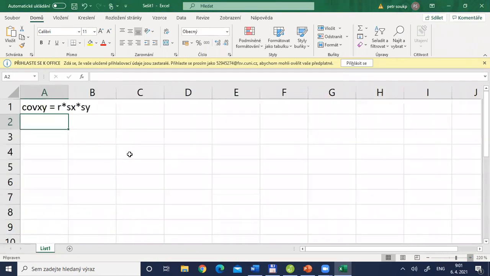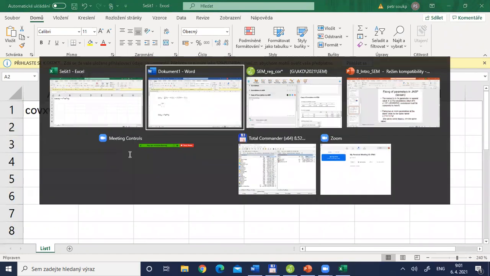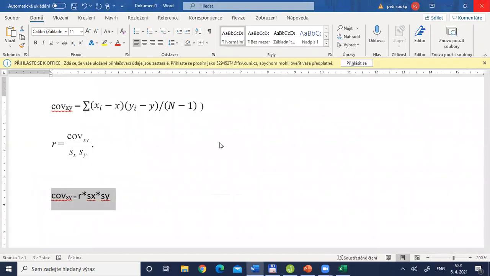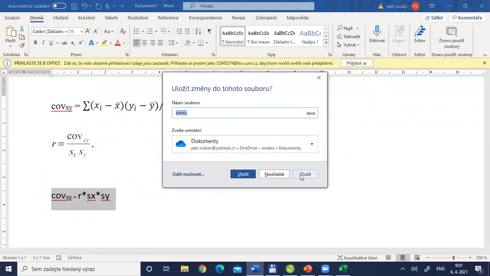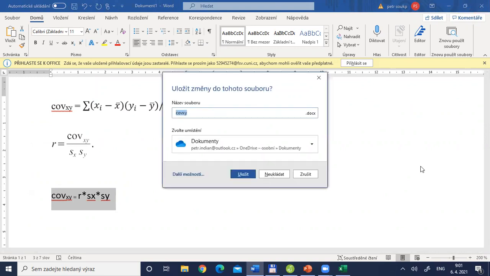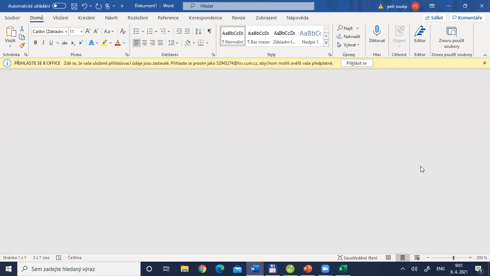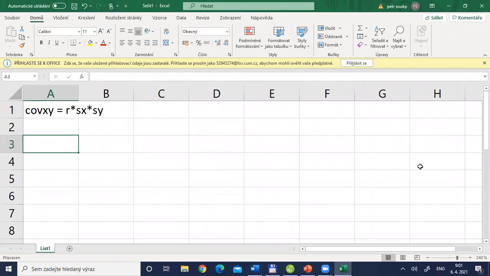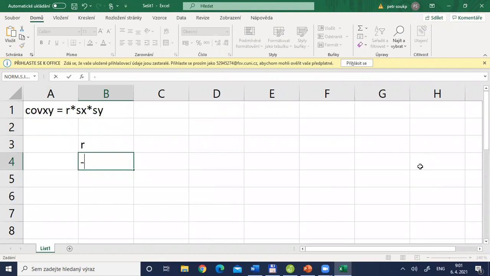So here it is. Maybe I can close this dialog for Microsoft Word, not to take memory. Oh, once again, save. So here we have the formula. And once again, I would like to have a correlation of minus 0.6.